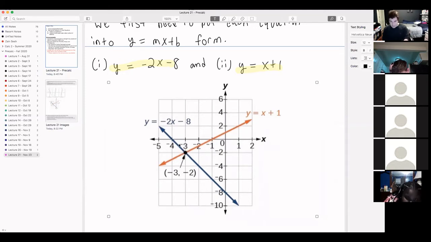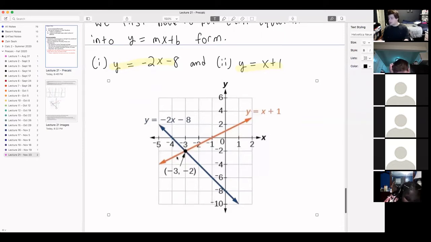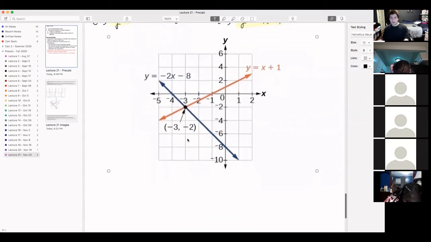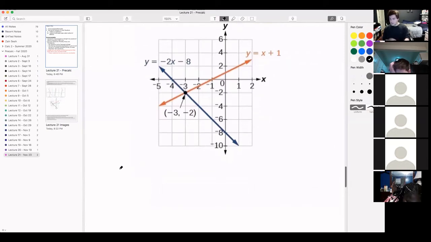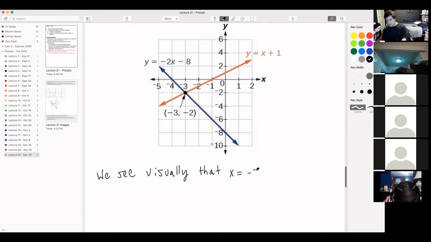And you can see immediately from this graph, it's at negative 3, negative 2. Okay, so that is really all there is to it. So we see visually that x equals minus 3, y equals minus 2 is a solution.